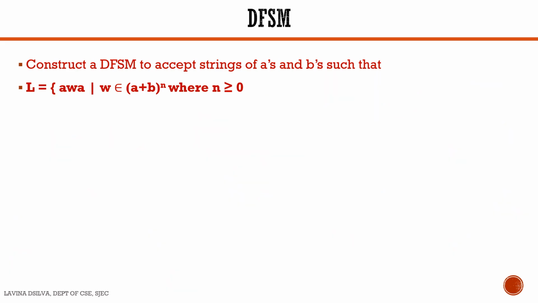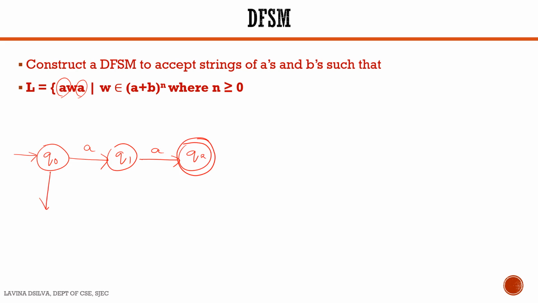Let us write the conclusion to this problem of construction of the DFSM to accept strings of A's and B's such that the first character and the last character of the strings is always A. So we have already seen the DFSM. Let us construct it again. We have the start state Q0. On receiving input A, it goes to state Q1, and Q1 on receiving A goes to state Q2.